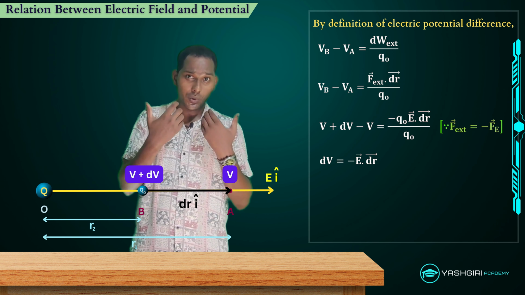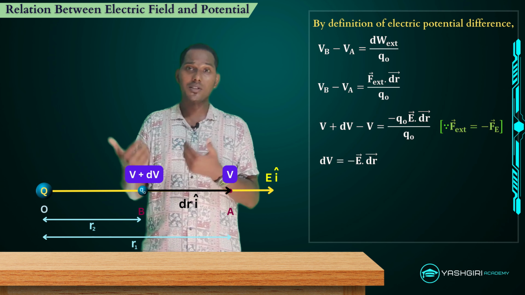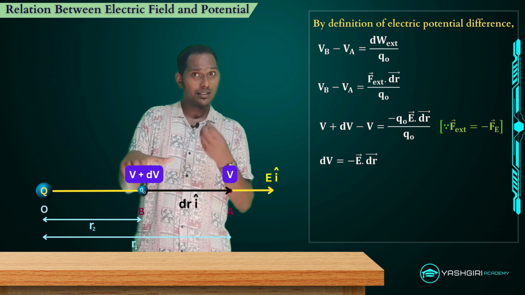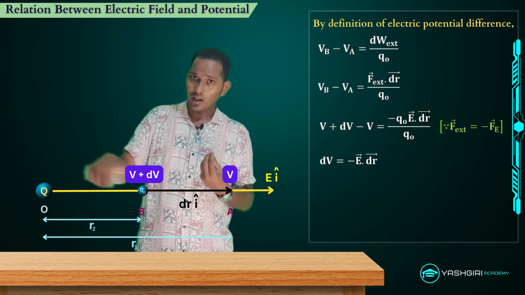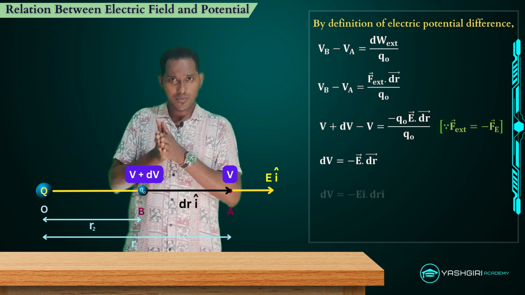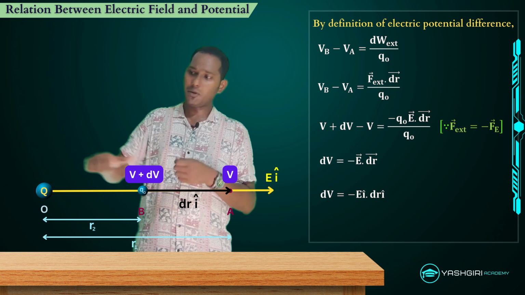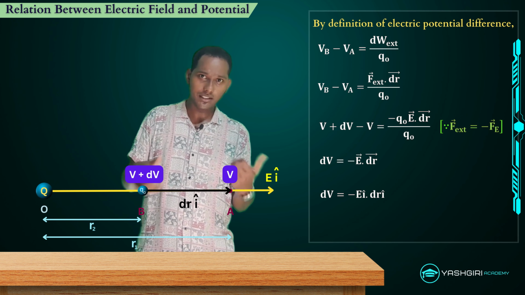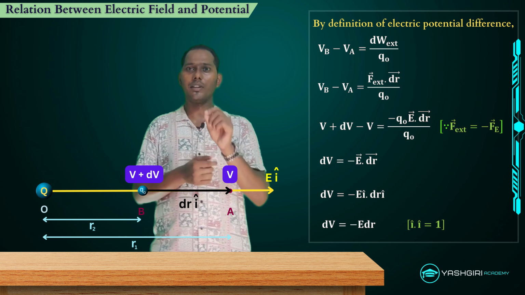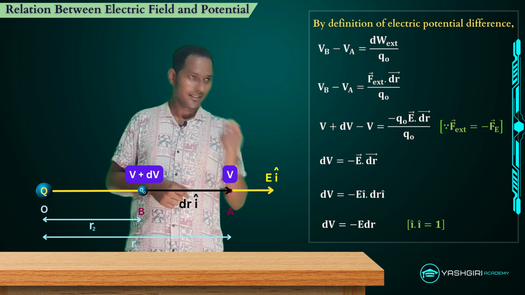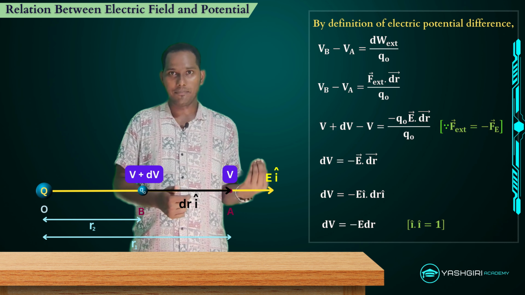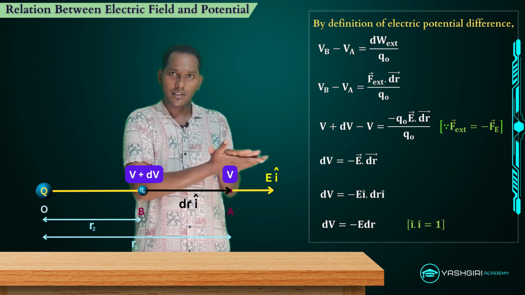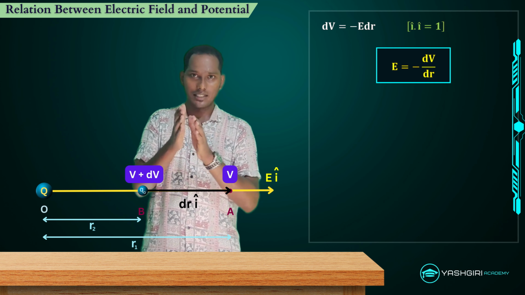So when it is along the x-axis, the vector E will be E i cap, the component of E along i cap, and vector dr will also be dr i cap. So i cap dot i cap gives me 1, and I can write dV is equal to minus E dr. Now I can write it something like this as well: E is equal to minus dV by dr.